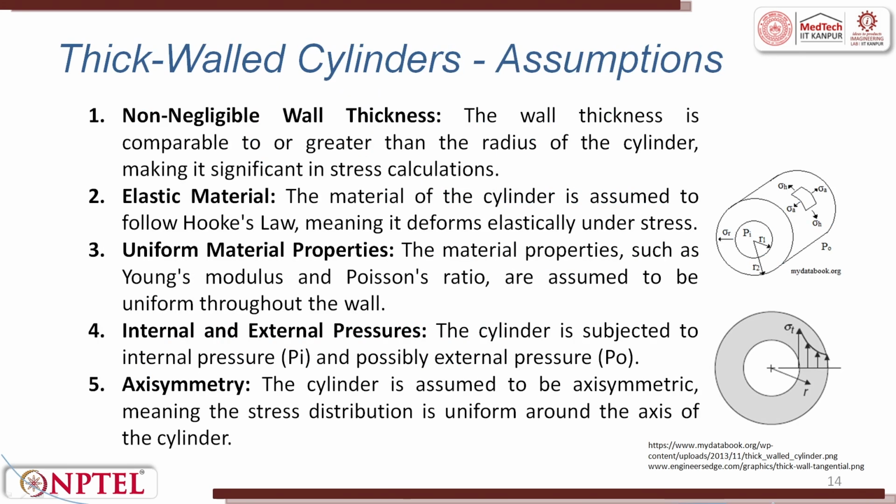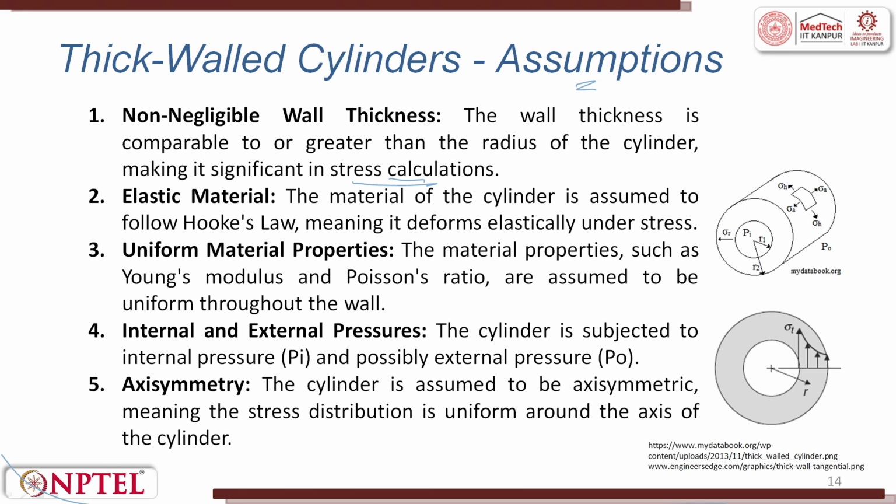Next, we will move to thick walled cylinders. In thick walled cylinders, we have assumptions made. So, what are the assumptions? Non-negligible wall thickness. The wall thickness is comparable to or greater than the radius of the cylinder, making it significant in stress calculations.